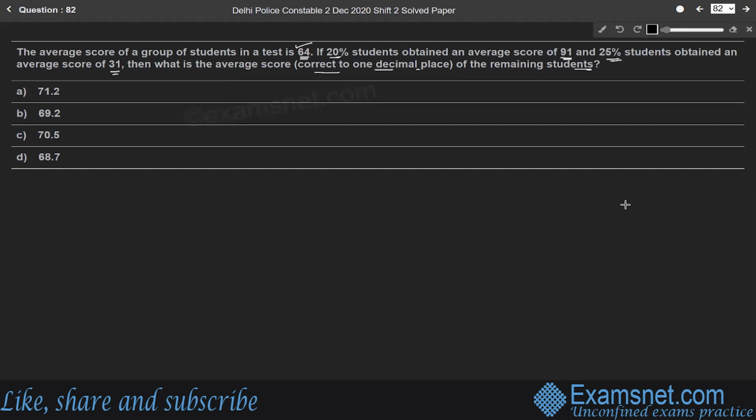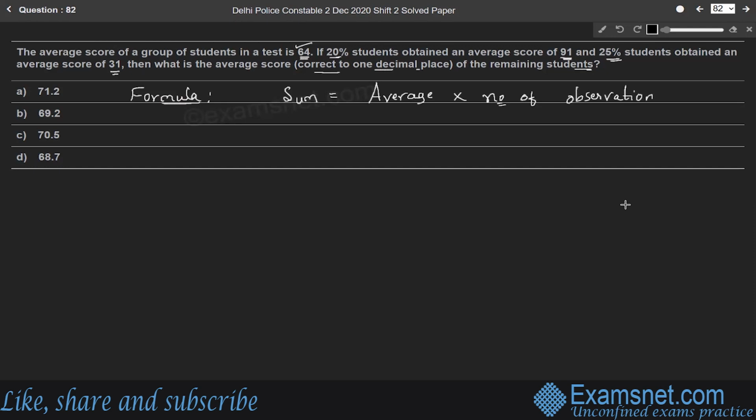For this, we are using the formula of average. So the formula: the sum is equal to average into number of observations.